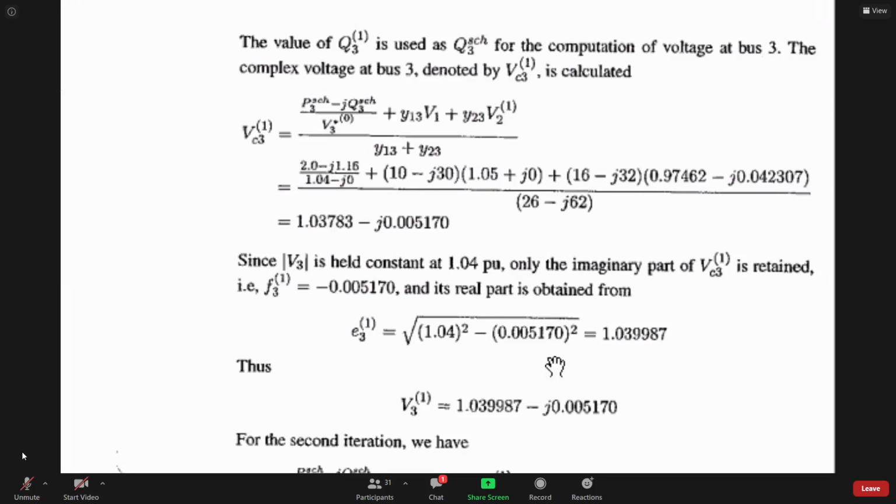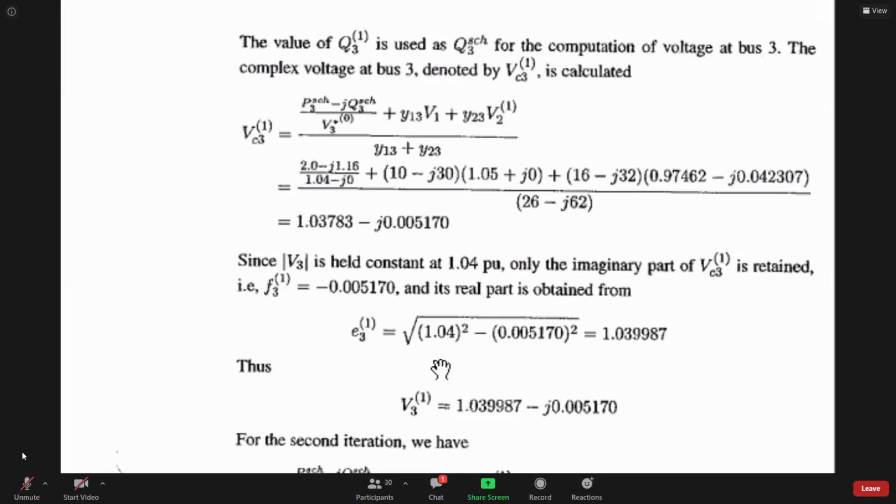You can see there, this adjusted part should be put there so that you can get the voltage of 1.04, to keep the bus 3 voltage at that constant magnitude.